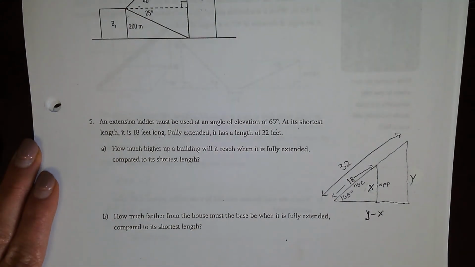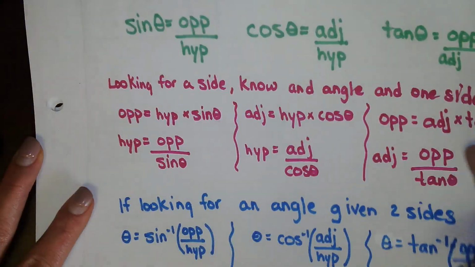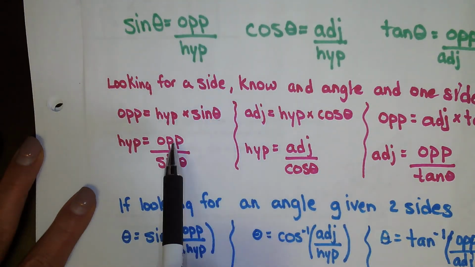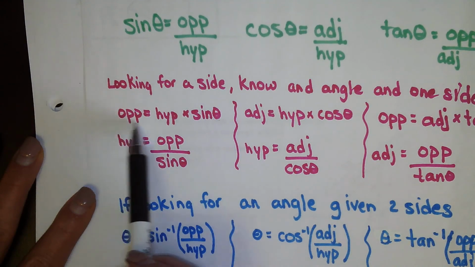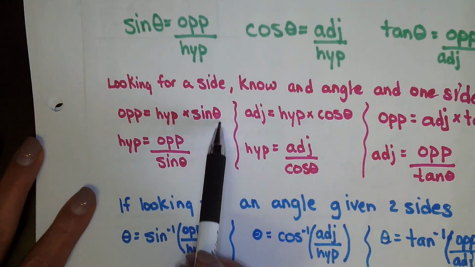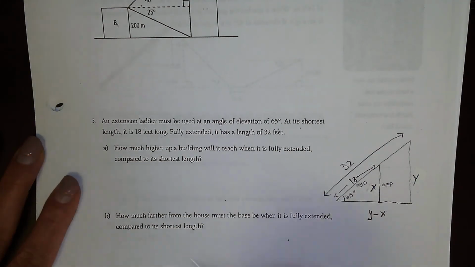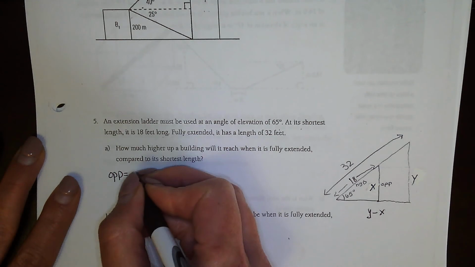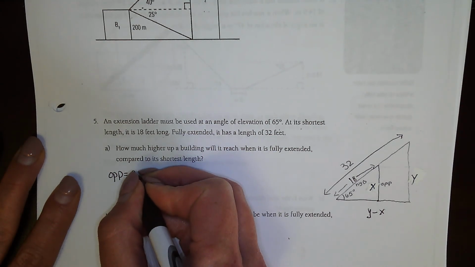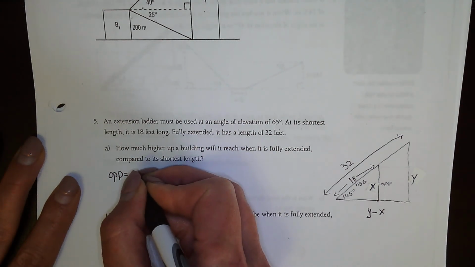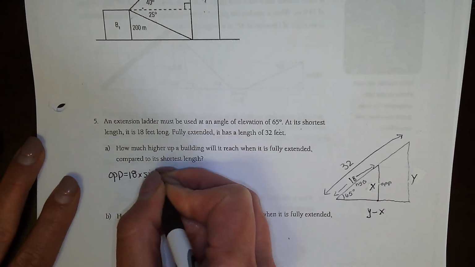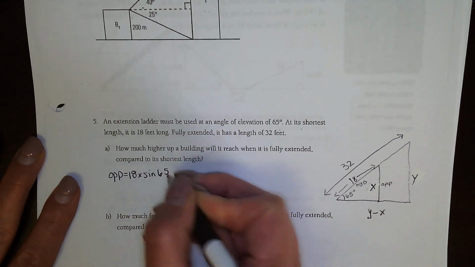So again, if I go back to my formulas, the one that uses the opposite and hypotenuse is sine. And I happen to be looking for my opposite. So if I want, I can set it up like this: opposite is equal to my hypotenuse times sine of 65.